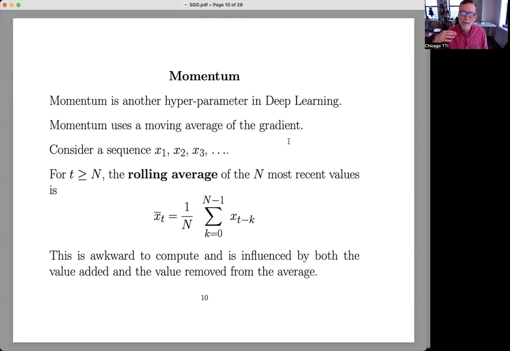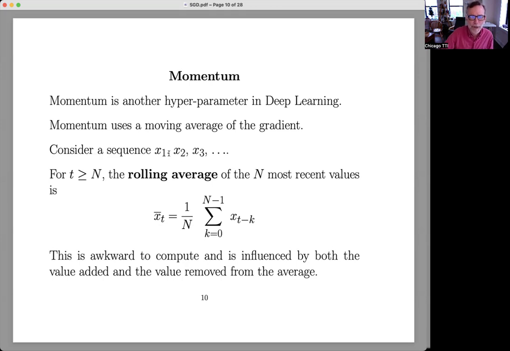Now, before I go into momentum as an additional hyperparameter in deep learning, I want to go over moving averages, and I want to develop an intuition for moving averages. The first thing I want to talk about, the simplest thing, is a rolling average.